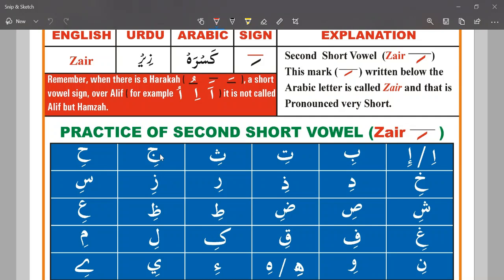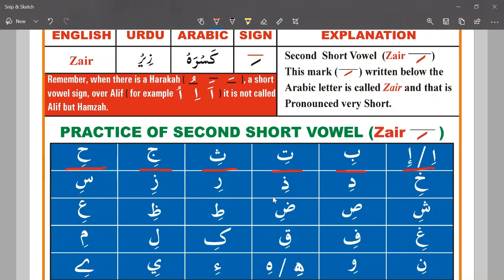If Alif has any kind of sign, Zabar, Zair, or Pesh, then it is called Hamza. So now let's start with the first letter. Hamza, Zair, i. Ba, Zair, bi. Ta, Zair, ti. Tha, Zair, thi. Jim, Zair, ji. Ha, Zair, hi.